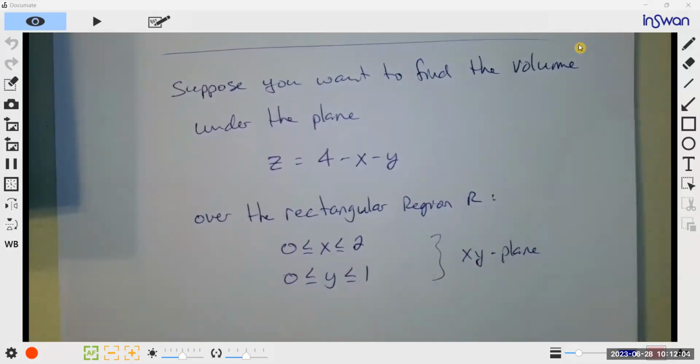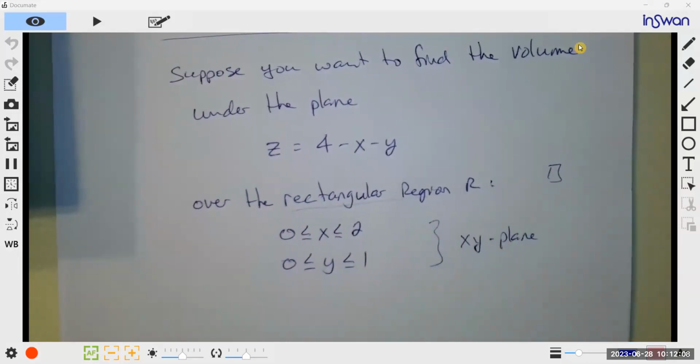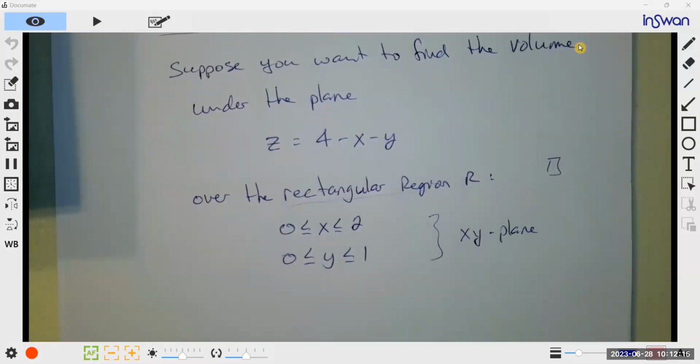So again, we're only looking at rectangular regions because we want squares or rectangles. Because you can use whatever shape you want to, it's just that these are much easier to calculate.